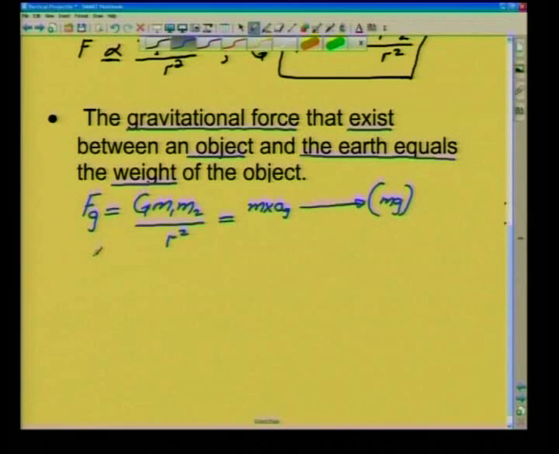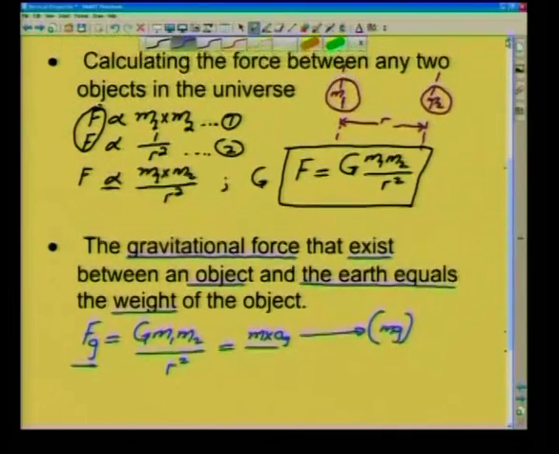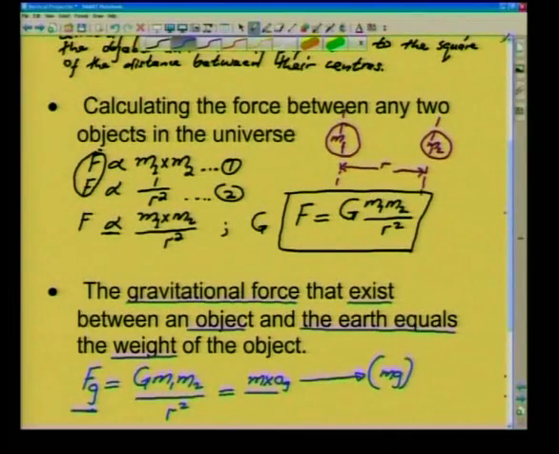Now, the force of attraction between an object on Earth and the Earth itself is equal to the weight of that object. Look at this. If we say M1 and M2, we are actually undermining the mass of the Earth, because it's like we're just looking at two relatively equal objects in terms of mass.